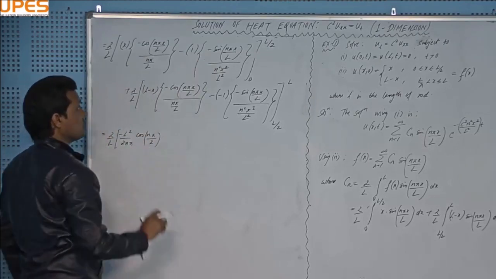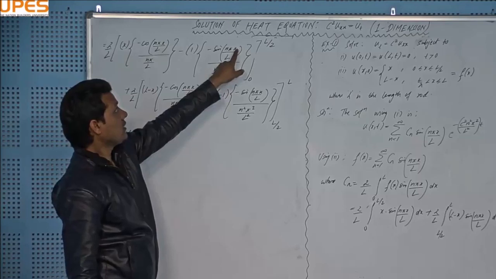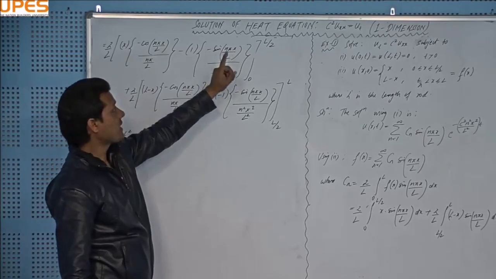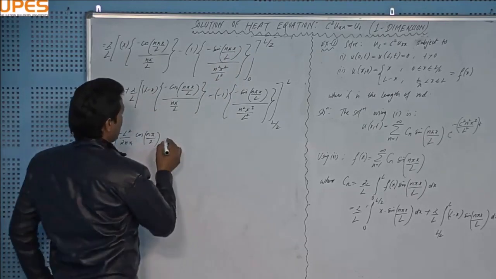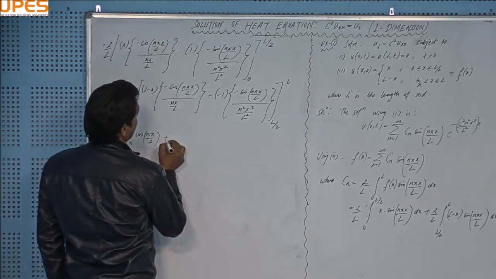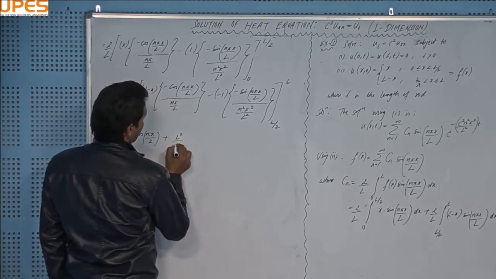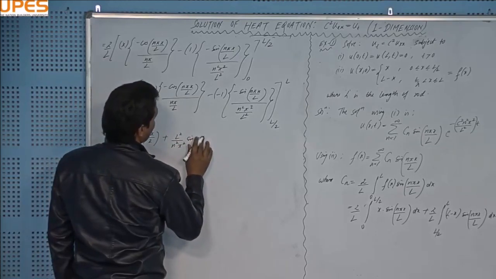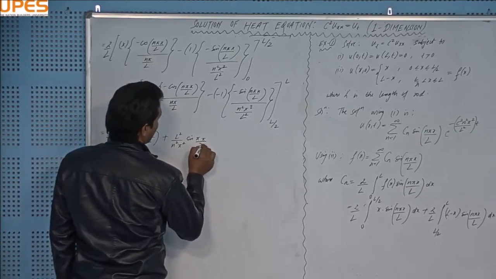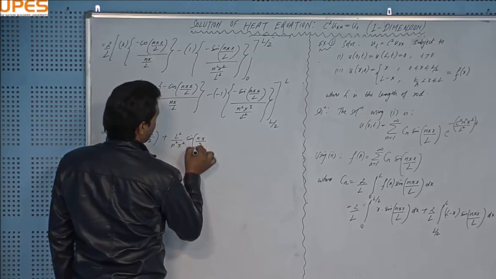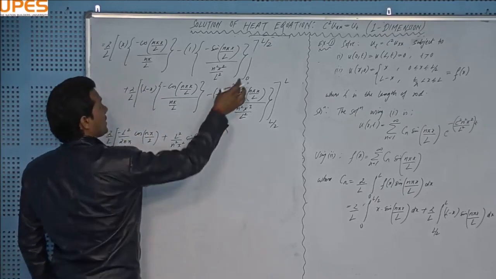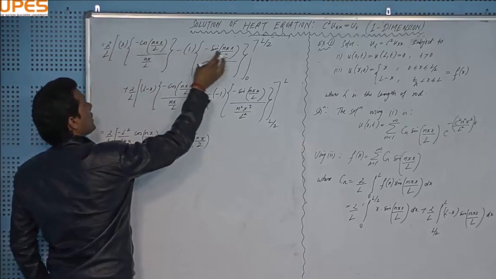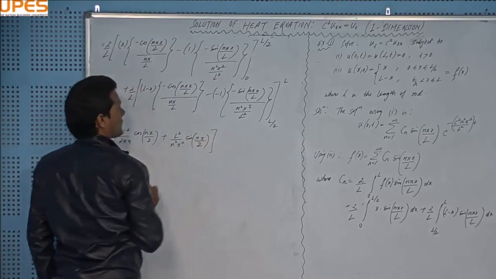And this term L by 2 sine(n pi by 2) will become plus L square over n square pi square sine(n pi by 2), and putting 0 will give 0 and 0.